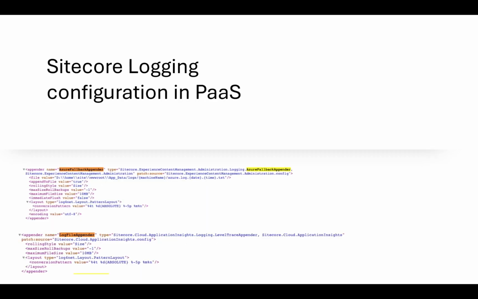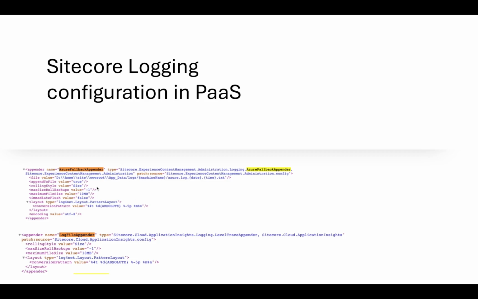Now, in comparison, Sitecore logging configuration in PaaS, you can see on the first appender here at the top, there's a new Azure fallback appender which handles logs in the app service in case application insights is not available.